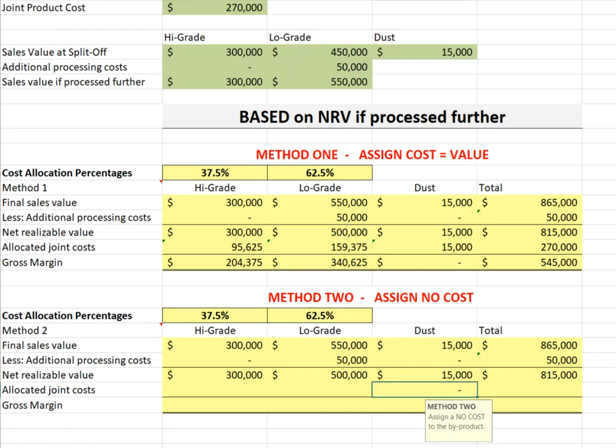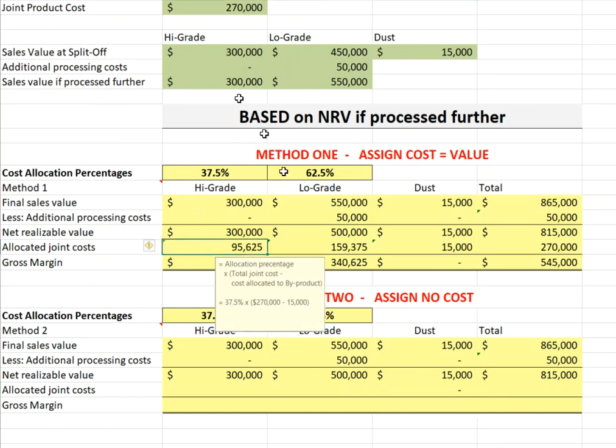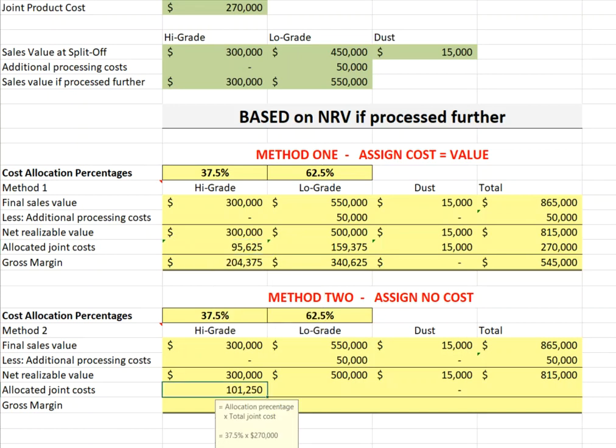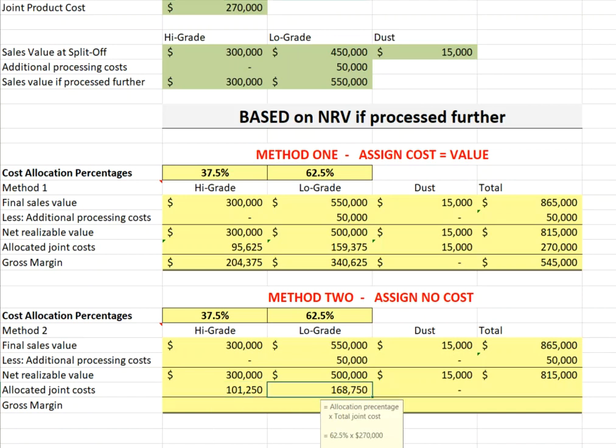So rather than allocating $255,000 in cost, which was the $270,000 minus the 15, we allocate the entire $270,000 cost to our high-grade and low-grade coals. 37.5% goes to high-grade, and 62.5% goes to the low-grade. And again, nothing went to the coal dust, and we've allocated the entire cost.